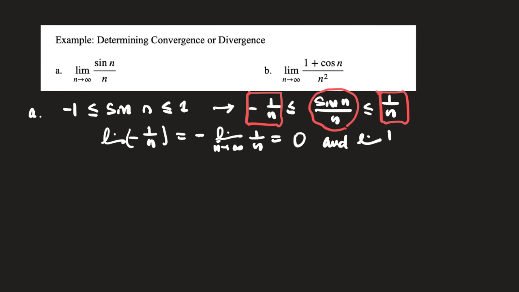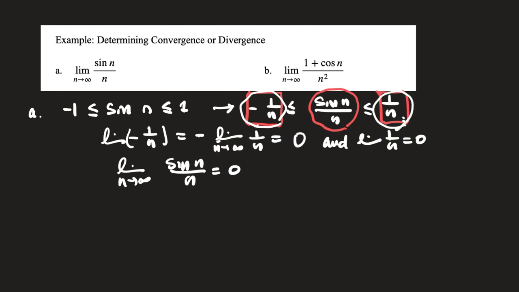Also the limit of 1 over n is 0. This one is 0, this one is 0, so the middle part, the limit as n approaches infinity of sine n over n, should be 0. That's what the squeeze theorem says: if the outer sequences have the same limit, then the middle sequence has the same limit.